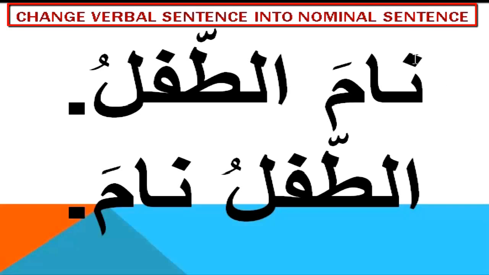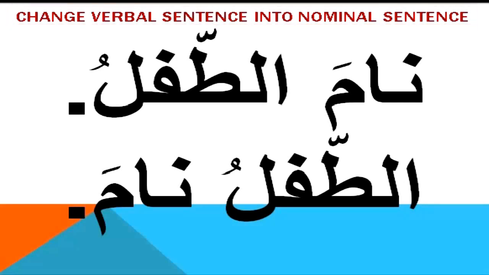We change the verbal sentence into a nominal sentence by changing the place of the subject and putting it in front of the verb. Here is the verbal sentence and over here is the nominal sentence.